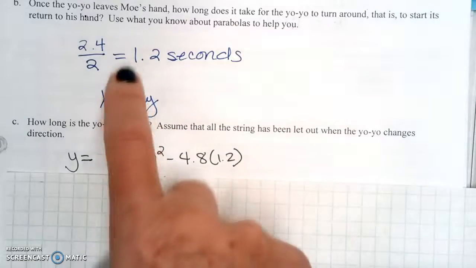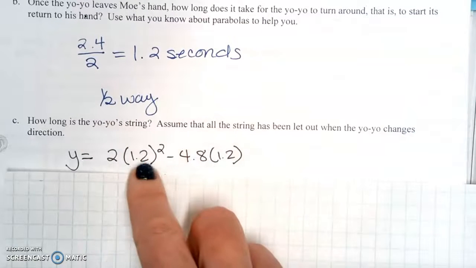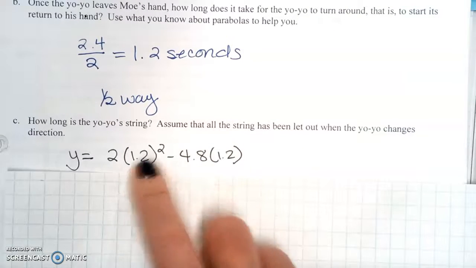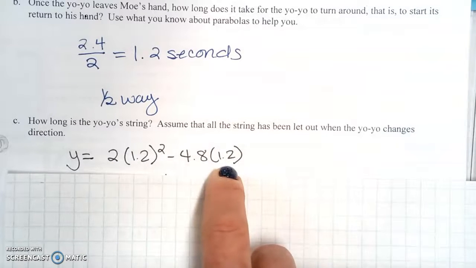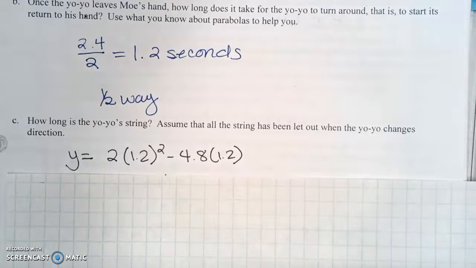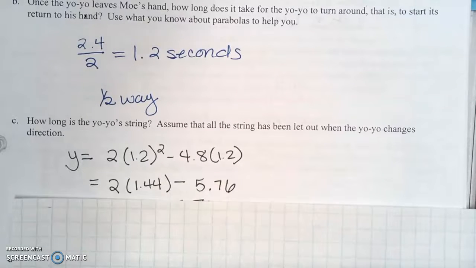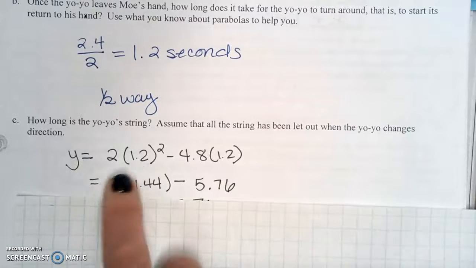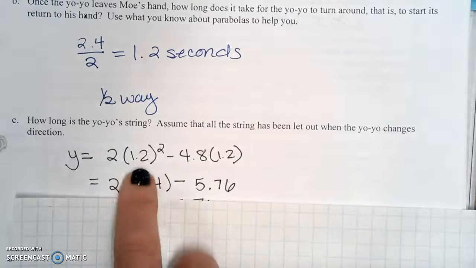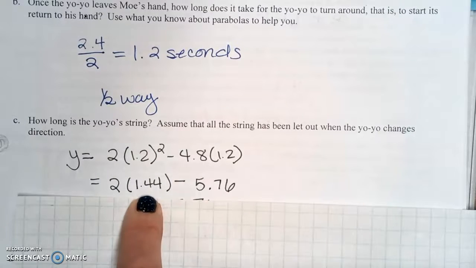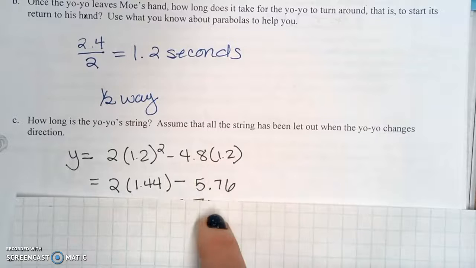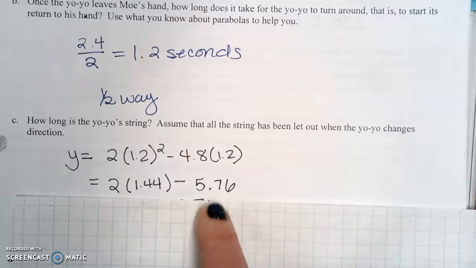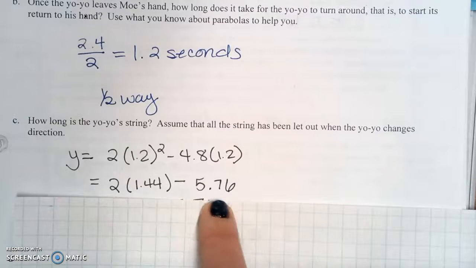So we're going to plug in the 1.2 for x here and for x here, back into that original equation we had back up at the top. Then we're going to use our calculator, right? So we're going to take 1.2 and square it. You get 1.44. Then we're going to multiply 4.8 times 1.2. And we're going to get 5.76.